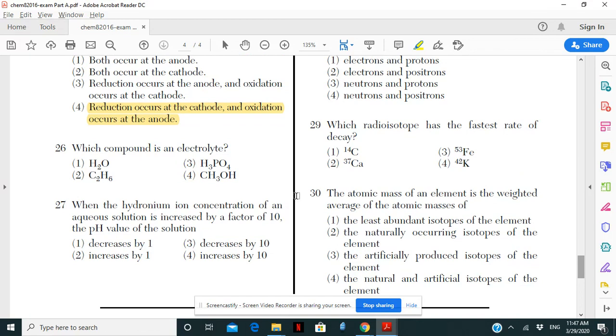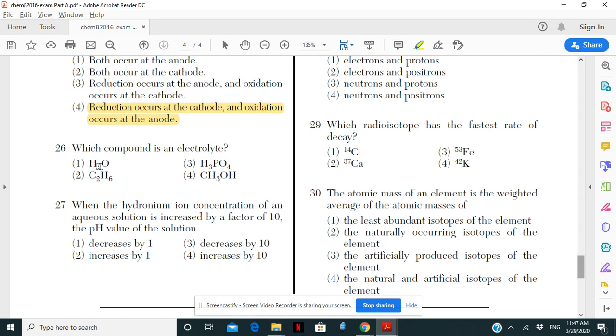26. Which compound is an electrolyte? Electrolyte means it's going to form ions. If you look, that's ethane, that's methanol. They are organic compounds which are not electrolytes.